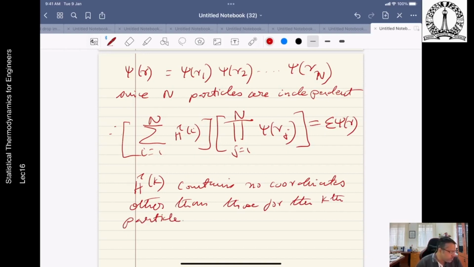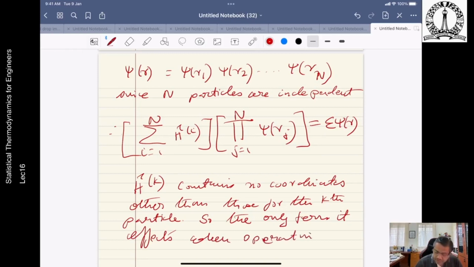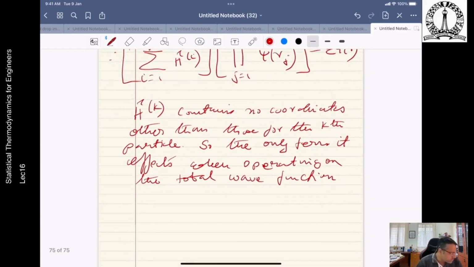So the only term it affects while operating on the total wave function is psi of r k.